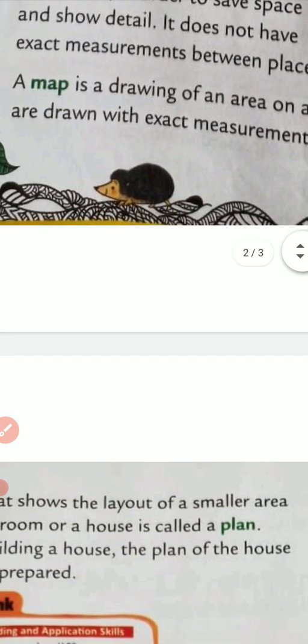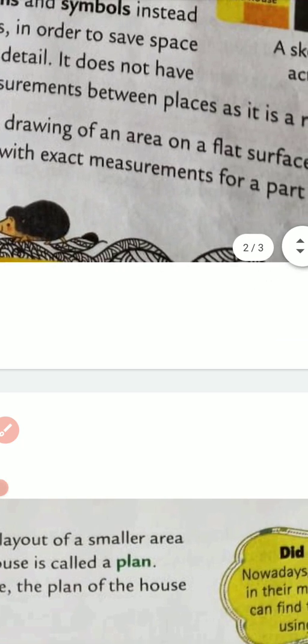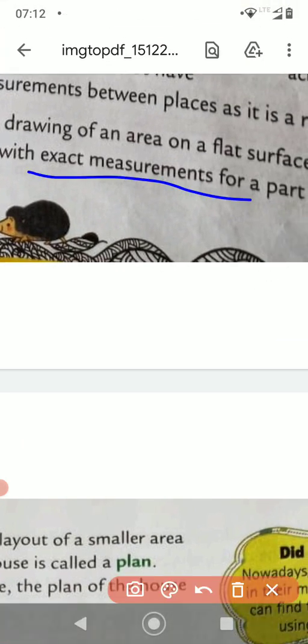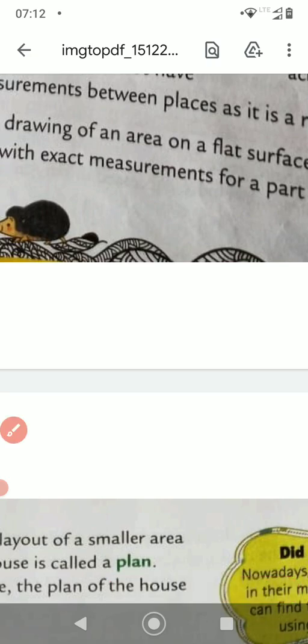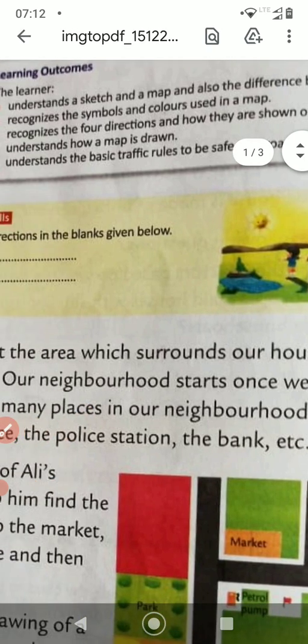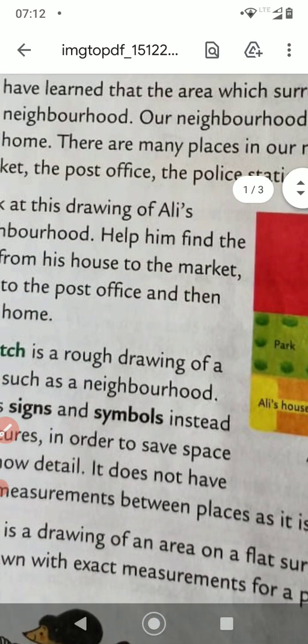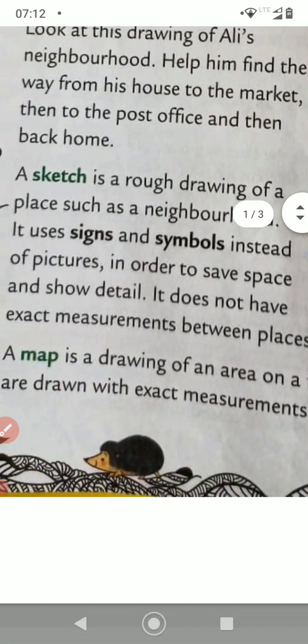Children, they are drawn with the exact measurement. So now we know what is a map. We will discuss more about maps.